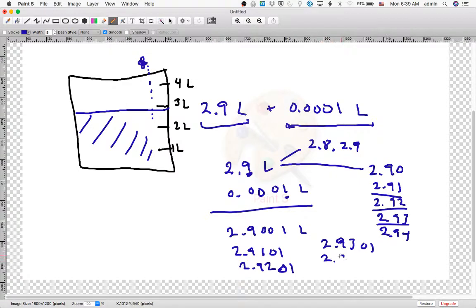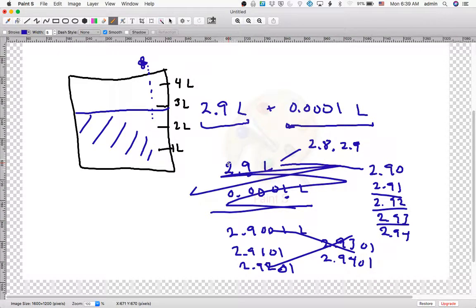You don't know if it's 2.9401 because maybe this 2.9 was really 2.94. You just don't know. Okay? So if you don't know, then you can't be saying that the answer here is 2.9001. You can't say that because you don't even know what this was. Then what is the answer? Let me tell you what the answer is.